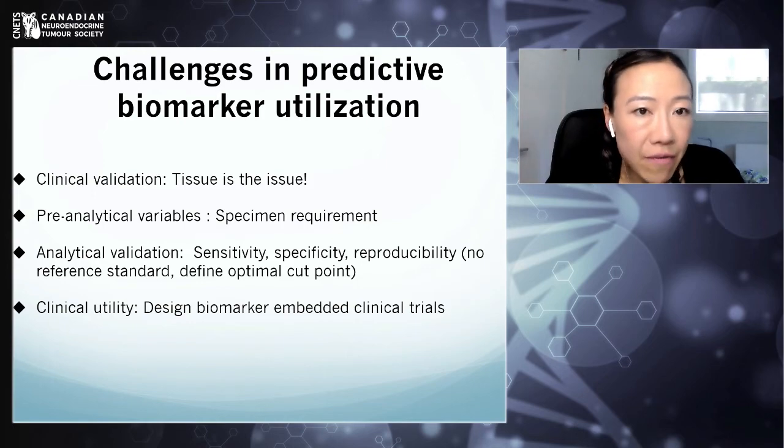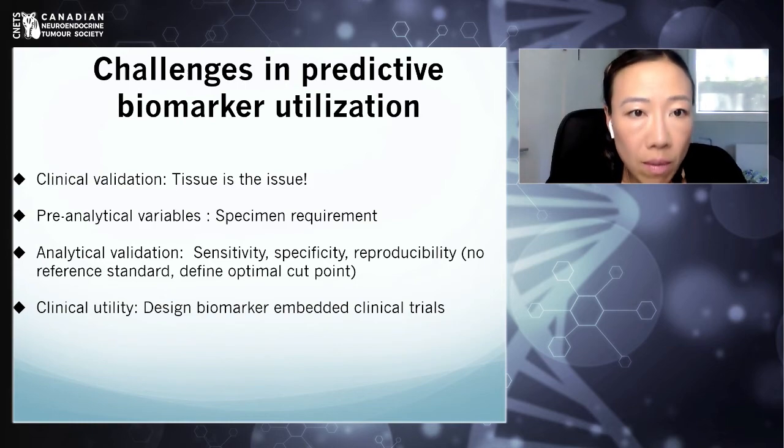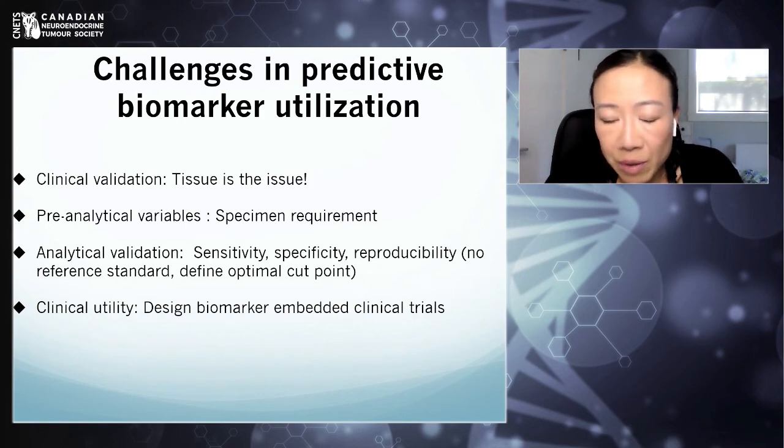And once we identify a potential biomarker, we still have analytical validation, where we have to meet all the properties of a biomarker, such as sensitivity, specificity, and reproducibility. Finally, we have to confirm it in prospective clinical trials, embedding this biomarker to prove it is a predictive biomarker that can predict the efficacy of our novel therapeutics.